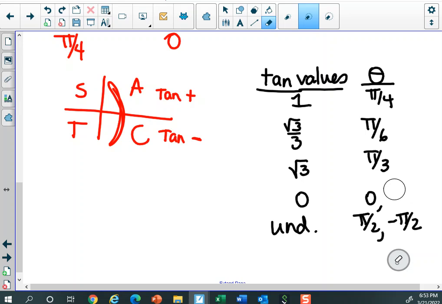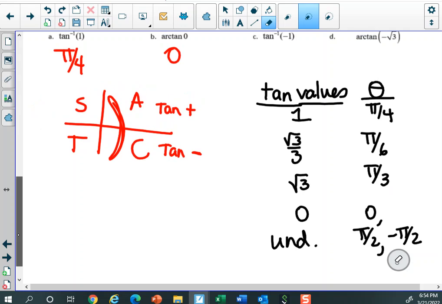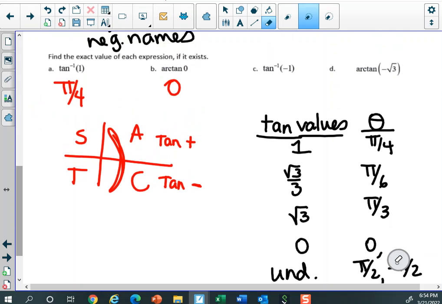Yeah, I shouldn't have done that because pi is not in my restricted area. Pi is all the way over here. Pi does have a tangent of 0, but pi doesn't fit in my restrictions. So only 0 would be the answer for B. Inverse tangent of negative 1, negative pi over 4. Inverse tangent of negative root 3, negative pi over 3.